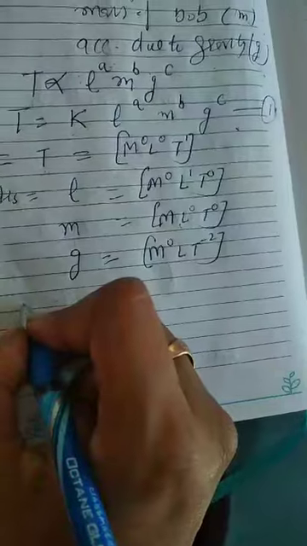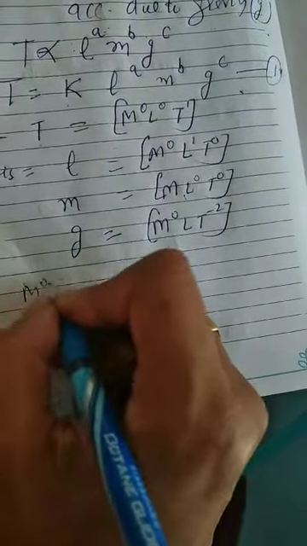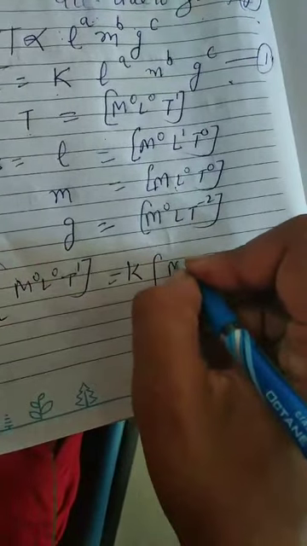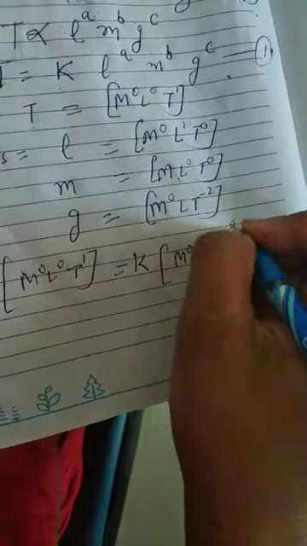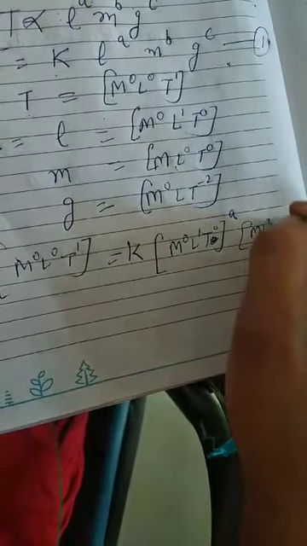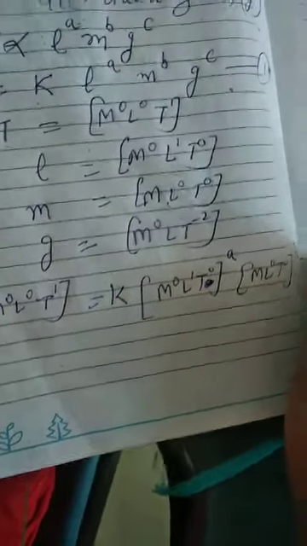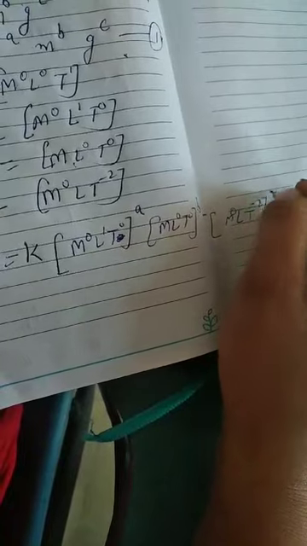So we will find that the left hand side M0 L0 T1 equals k times the first term M0 L1 T0 raised to power a, the second term M1 L0 T0 raised to power b, and the third term M0 L1 T minus 2 raised to power c.